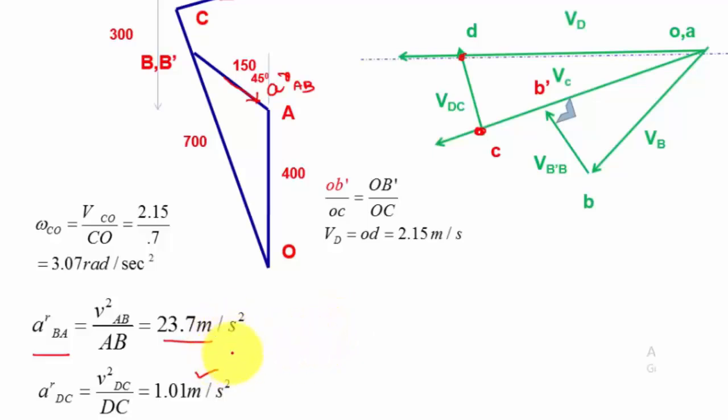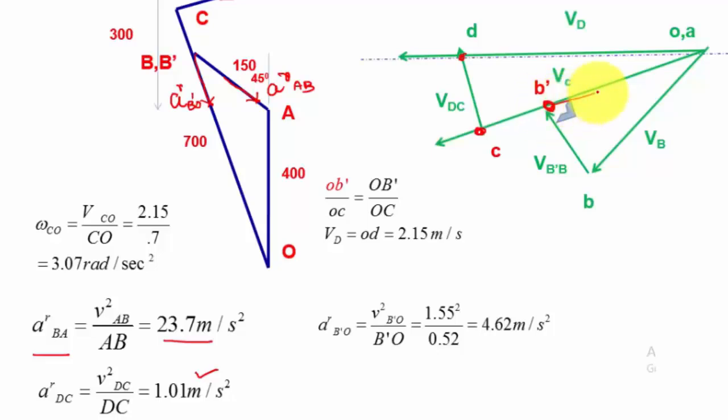So 2 radial components are over. Then the third radial component, A radial of B dash O, equal to V squared of B dash O divided by B dash O. Again, this value we can measure.